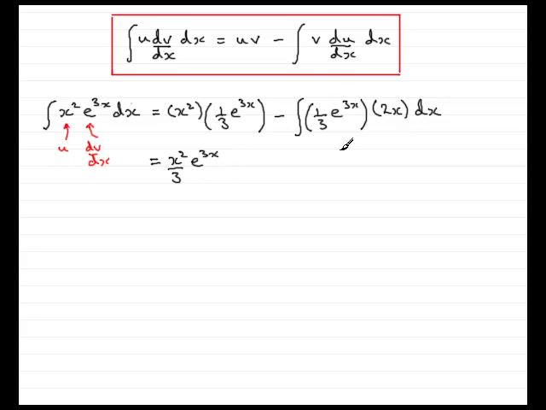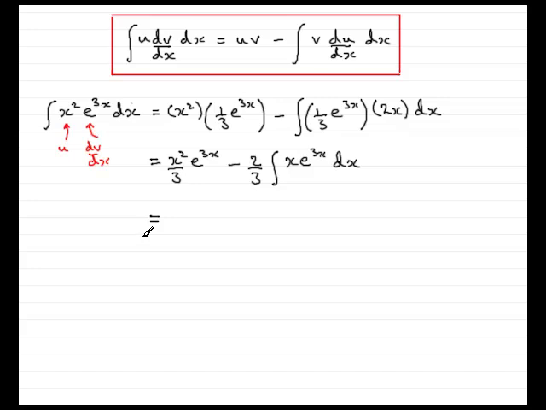And this term here, well, cleaning it up, I can see that I've got 2/3, and so I'm going to put that out the front of my integral, 2/3. Always a good thing to do, put constants out the front of integrals when you have a common factor. And then what I'm left with is x times e to the 3x. So we'll put that down as x e to the 3x, and don't forget that dx again.